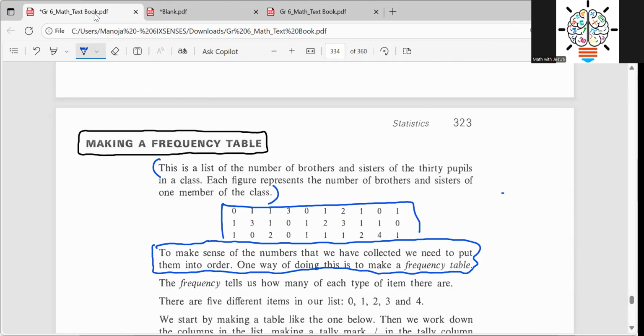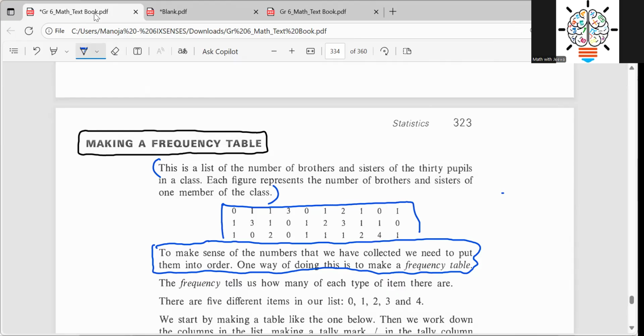I have just noted the number of brothers and sisters they mentioned in their form. That's it. Then to make sense of these numbers, or to have an idea what we have, we need to put them in order. We should have some kind of order to arrange them, so then I can have an idea.